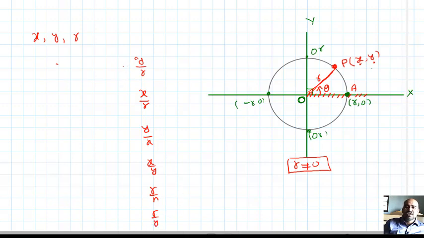We can create 6 different ratios. Mathematicians have given names to these 6 different ratios. The first ratio, y by r, meaning the y coordinate of the point P divided by the distance from the origin to that point, is defined as the sine of angle theta.